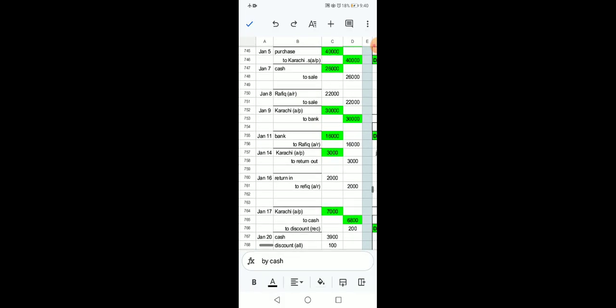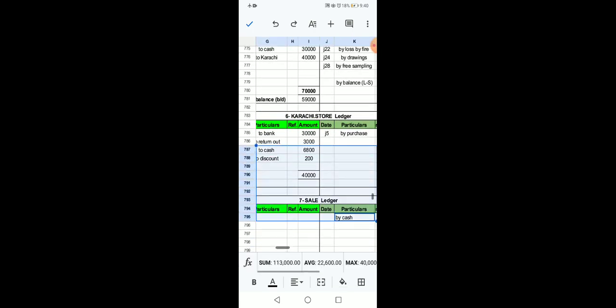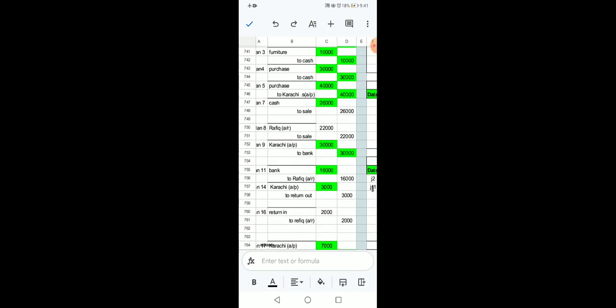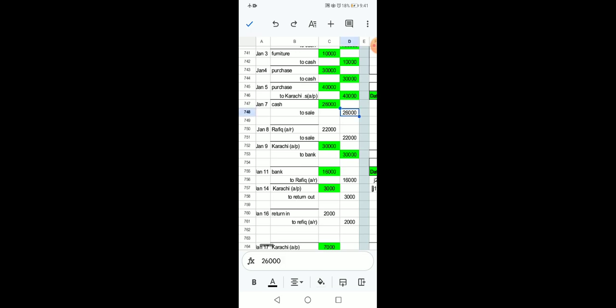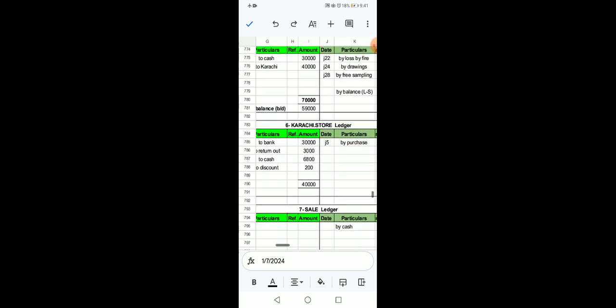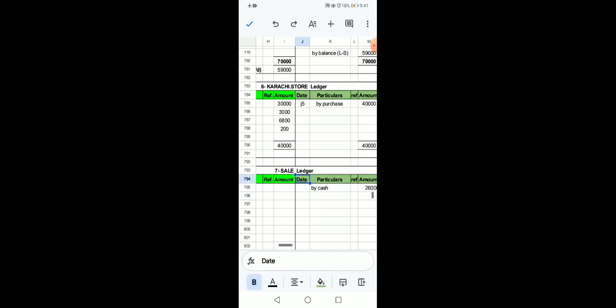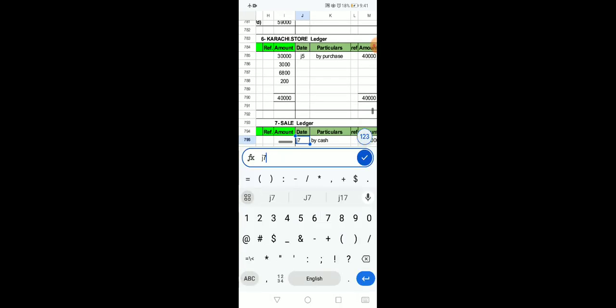So you will use in particular column by cash, and see its date as well. The amount of sale was 26,000. So here we have 26,000. Date is January 7. Put date January 7 in date column.